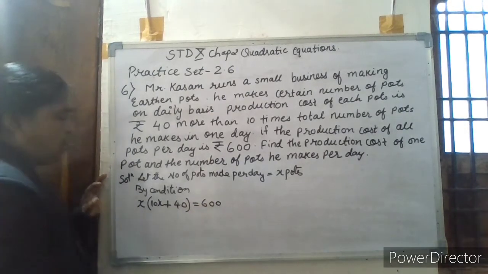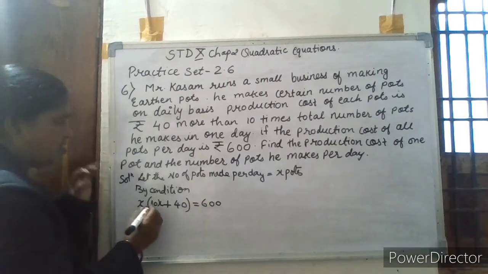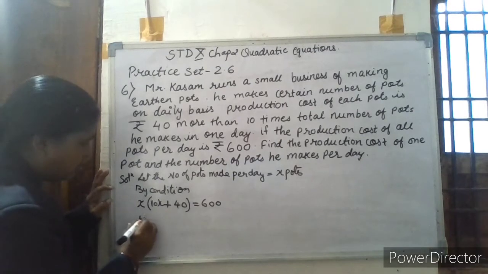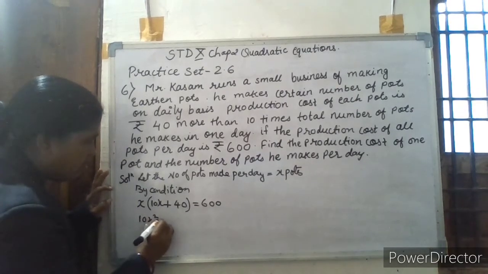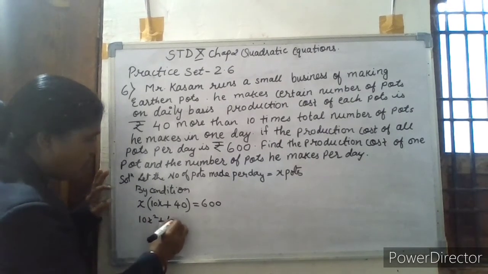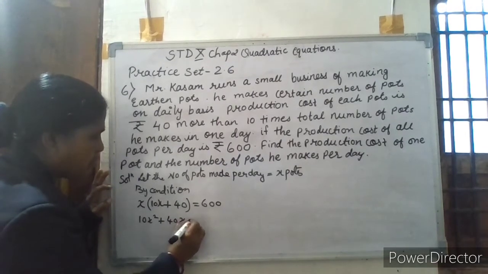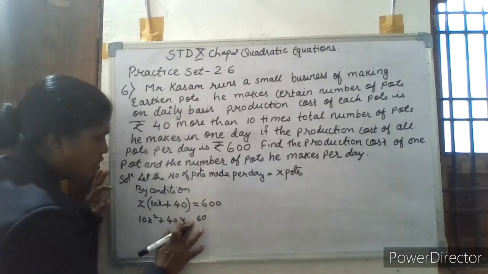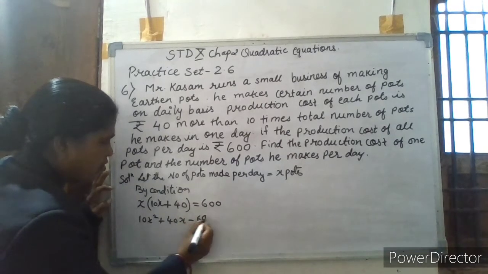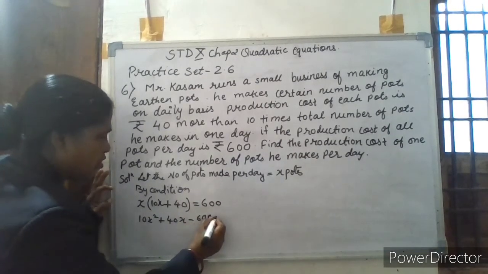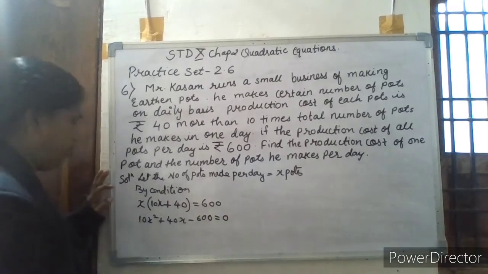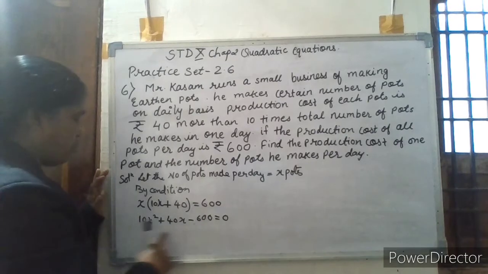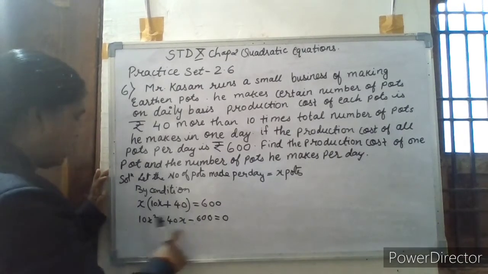Now, binomial into monomial, it is 10x squared plus 40x equal to 600, or directly I will bring it here, minus 600 equal to 0. Now we will make this a simple quadratic by dividing it by 10, because we can divide it by 10.